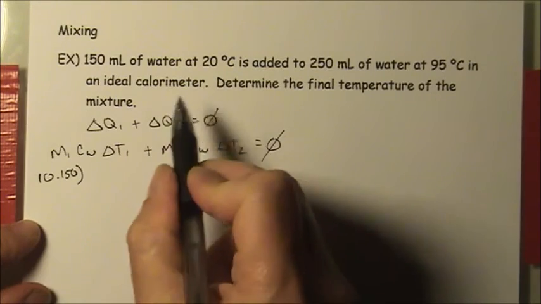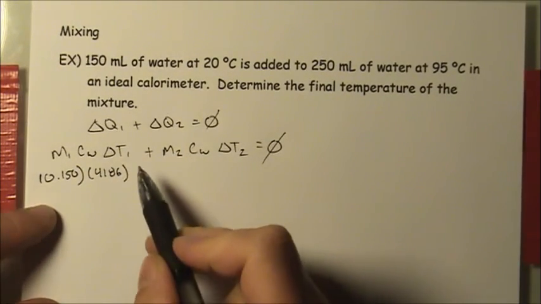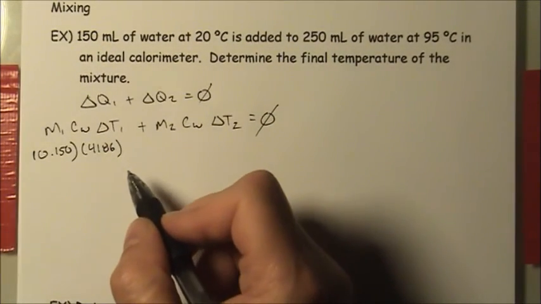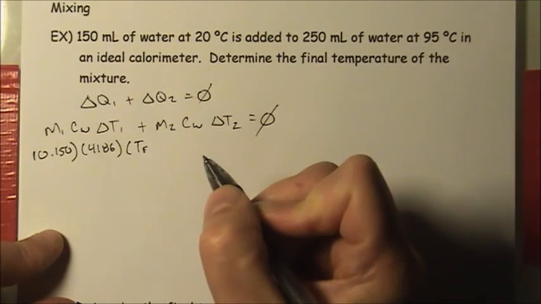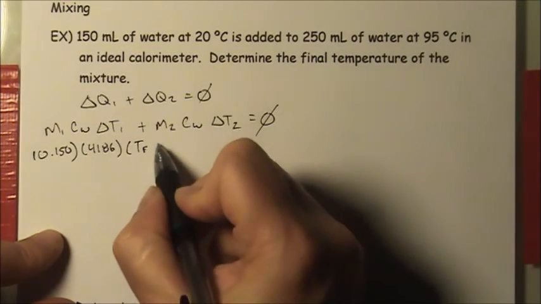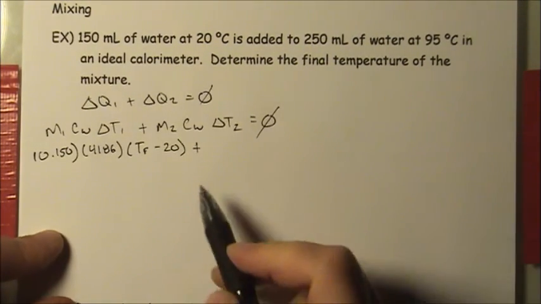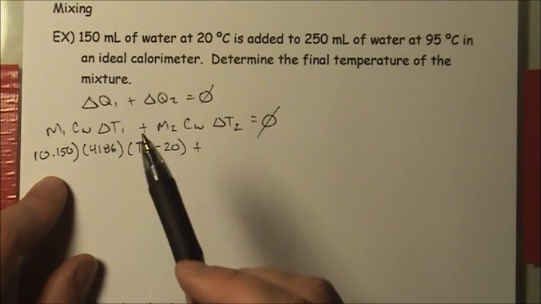So this mass would be 0.150 times the specific heat capacity of water, 4186, times the change in temperature. But now realize I don't have both temperatures. What I don't know is the final temperature. I don't know what TF is, but I do know that the initial temperature was 20. That's the delta Q for the 150 milliliters of water.